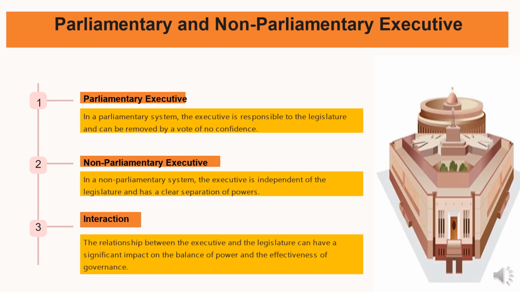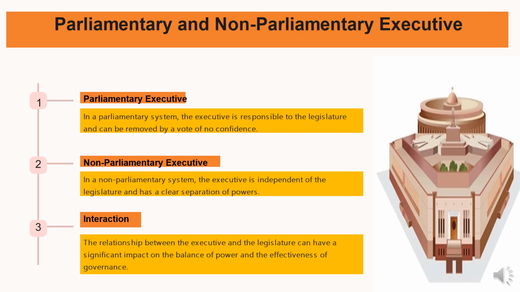In political systems, the terms parliamentary executive and non-parliamentary executive refer to different frameworks for organizing the executive branch and its relationship with the legislature. Parliamentary executive. In a parliamentary system, the executive is responsible to the legislature and can be removed by a vote of no confidence.